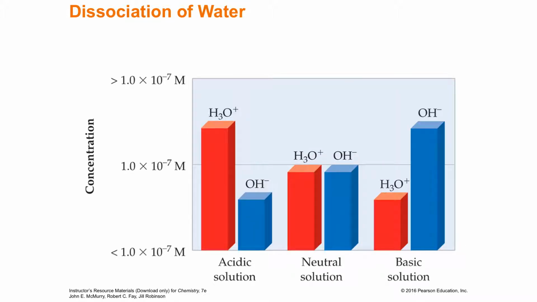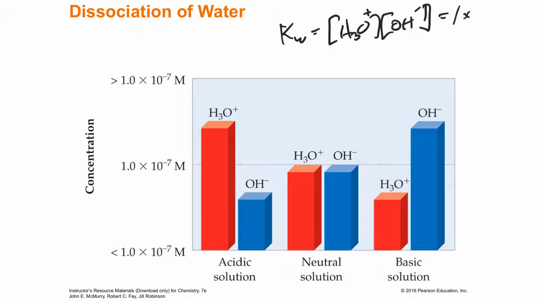So from this, we get some really obvious stuff, things you can basically guess. Remember, K sub W is the concentration of hydronium times the concentration of hydroxide, and that equals 1 times 10 to the negative 14.